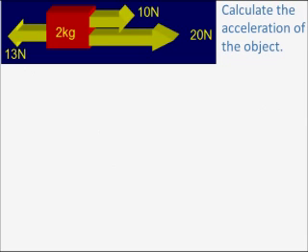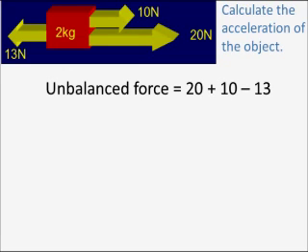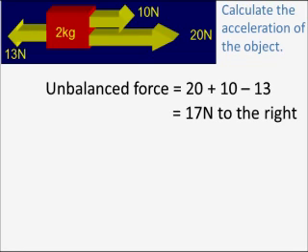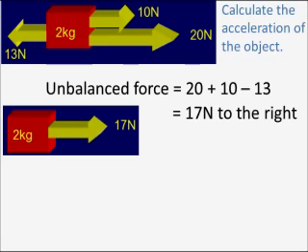If you were given a diagram as a problem and you have to calculate the acceleration, first of all, work out that unbalanced force. It's going to be 20 plus 10 on the one side, subtract 13 on the other, so you get 17 newtons, and that's to the right. So the problem actually simplifies to this. Now work out the acceleration.